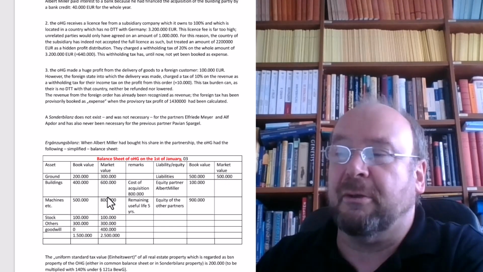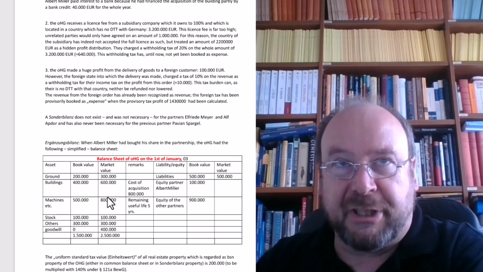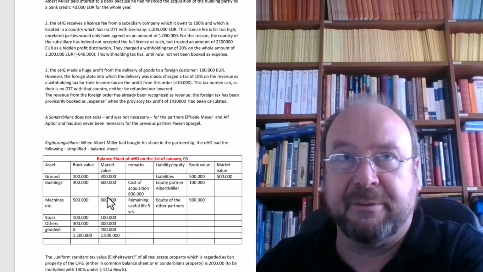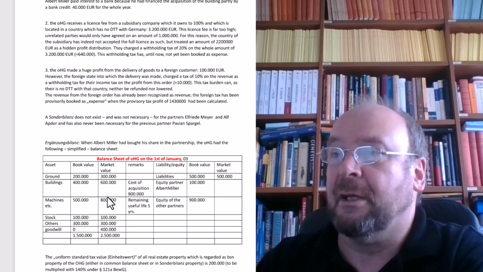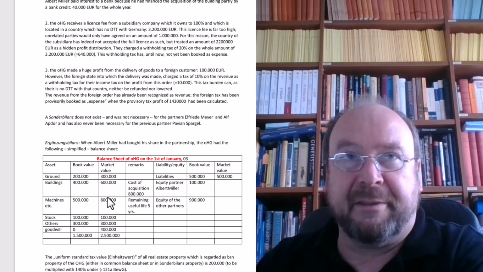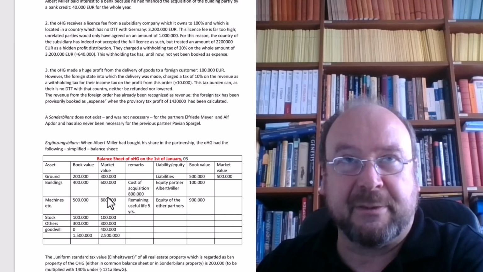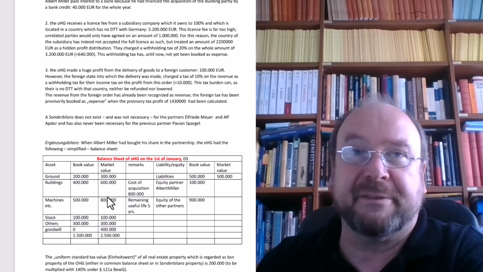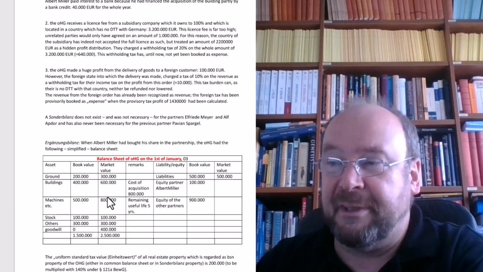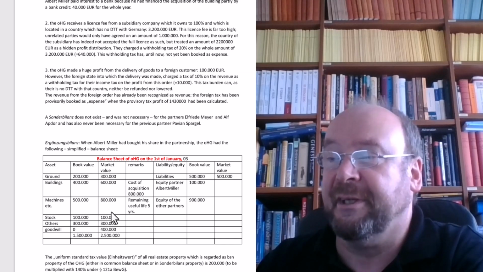Naturally, he paid for his share the adequate market values for all the assets, and so that might lead for him to an Ergänzungsbilanz, which also has an impact on his results at the end of the year, just to give you that as a hint.